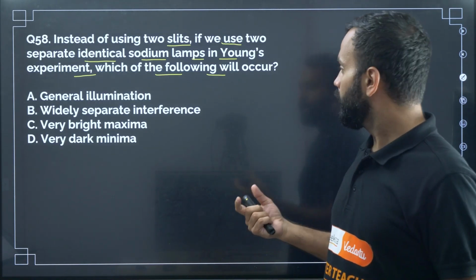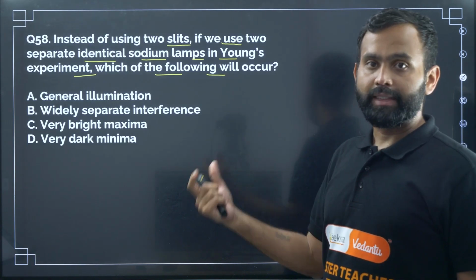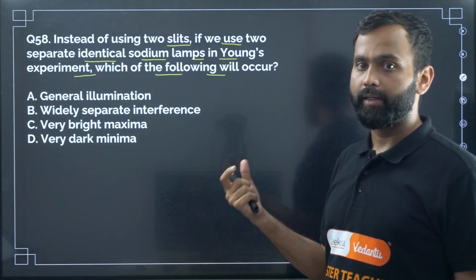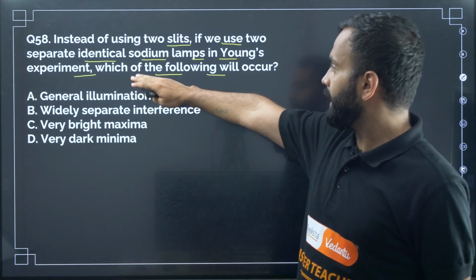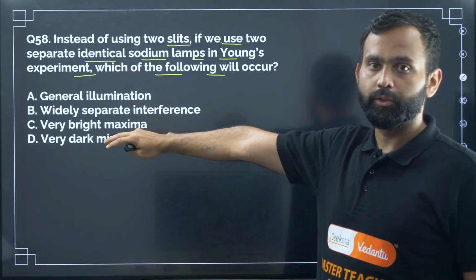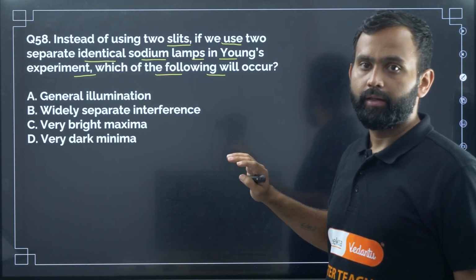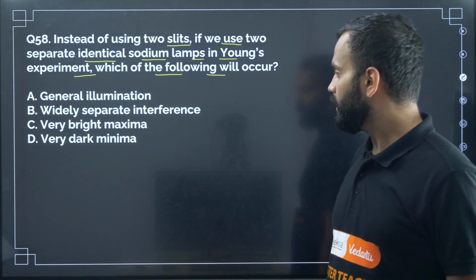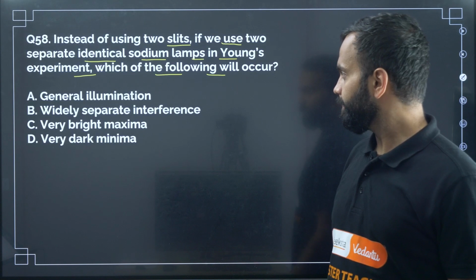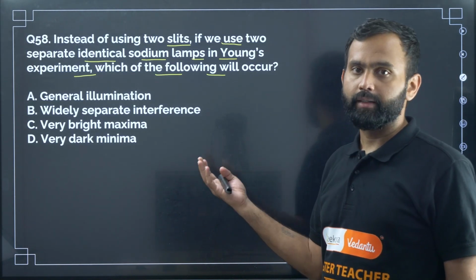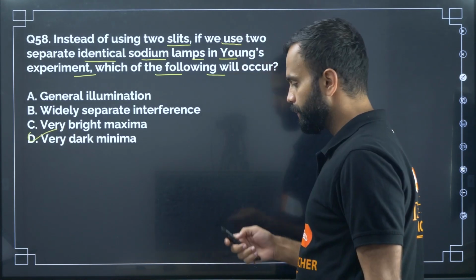Because a coherent source has the same phase, frequency and wavelength. But identical separate sources do not have the same frequency, wavelength and phase. So that's why we are not going to get the bright fringe, we will get a dark fringe. So the correct option is D, very dark minimum.